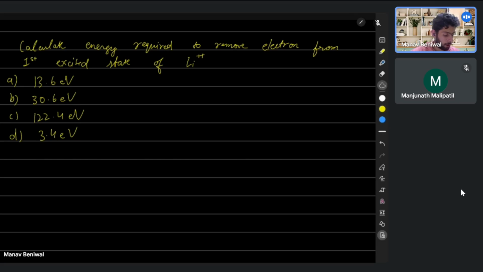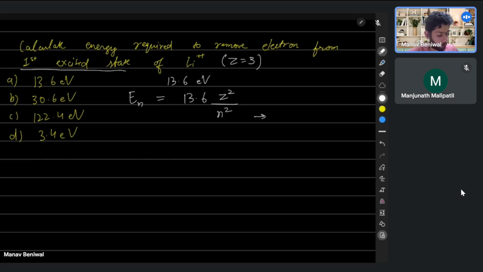So what is the atomic number for lithium? This is Z equals 3, right? And what is the ground state energy of hydrogen? That is 13.6 eV, right? So we know that the energy is proportional to 13.6 Z squared over n squared. Because it is the first excited state, your n will be 2 and your Z will be 3.